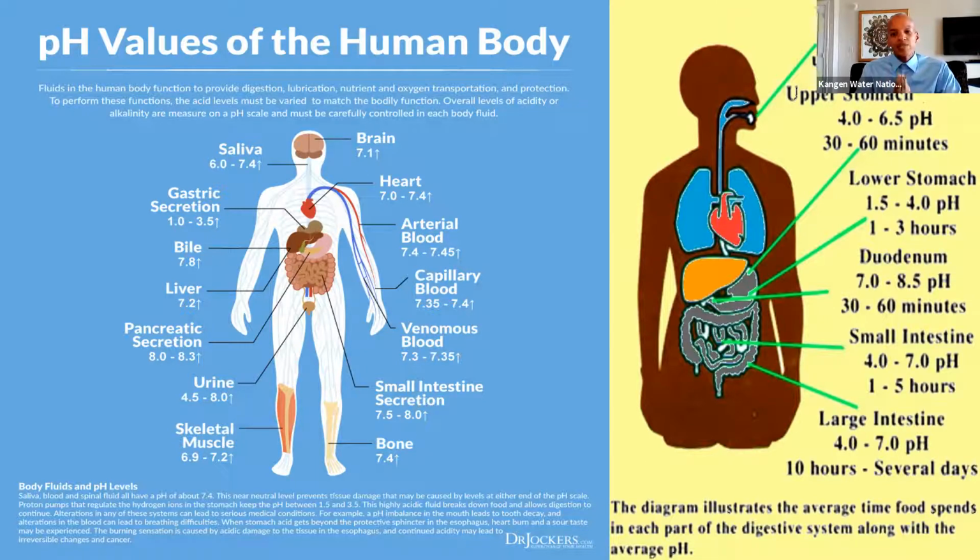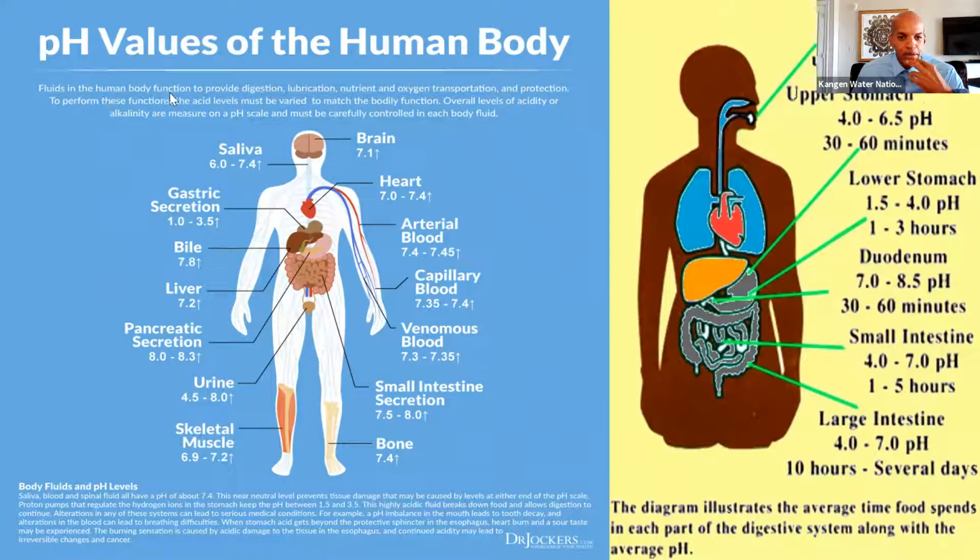As long as our body has proper hydration, is detoxed properly, and has proper nutrition, it can easily maintain that. If you have nutrition deficiencies, if you have high toxic loads, if you don't have proper hydration, it cannot maintain that. And that's where the body can become very unhealthy. So here it says pH values of the human body.